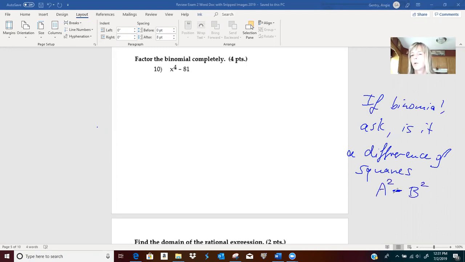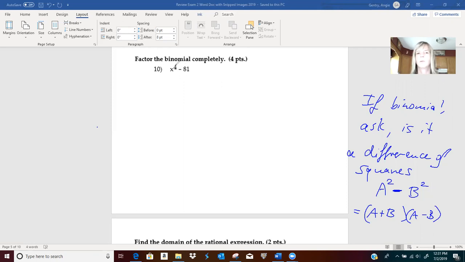And for a difference of squares, you just memorize the formula, and it's simply a squared minus b squared is a plus b times a minus b. And I am giving you the formulas. I'd advise you to write them down because you're allowed blank scratch paper, and you just write them down the first time, and then you just need to figure out which one to use.